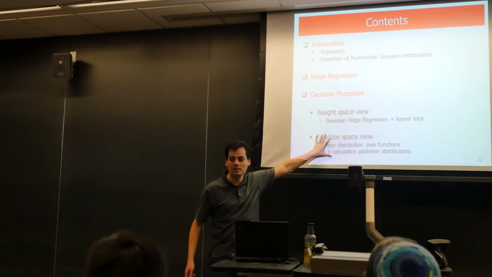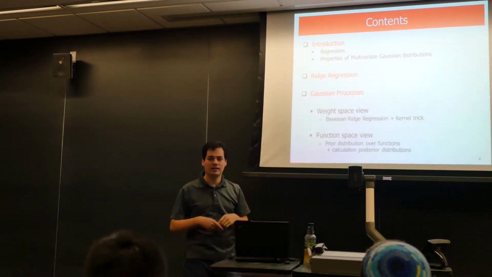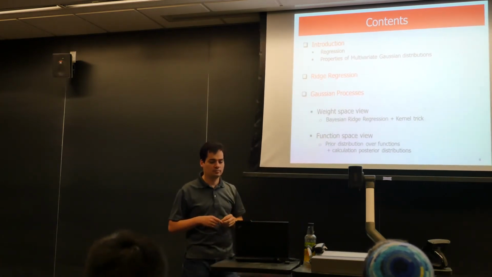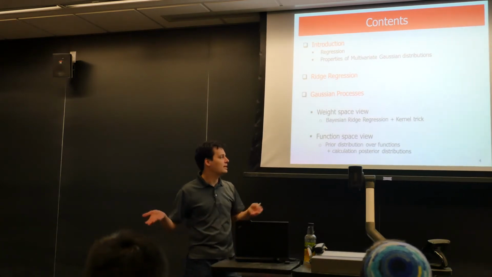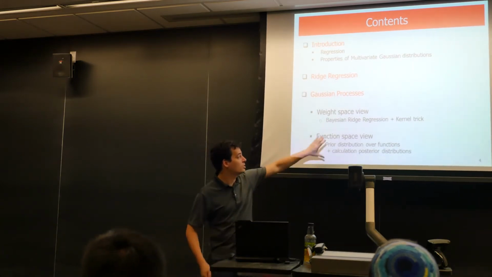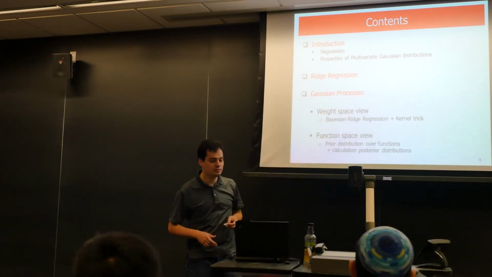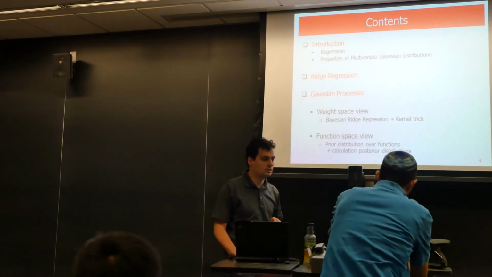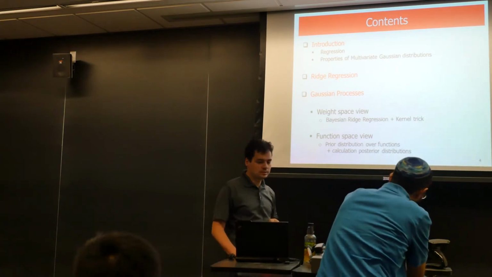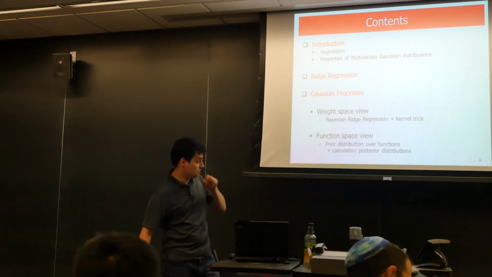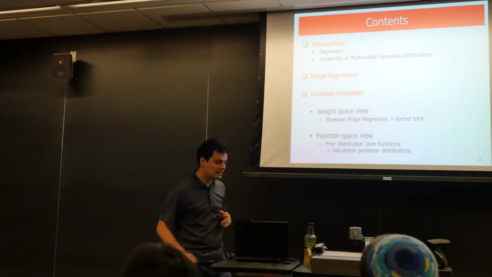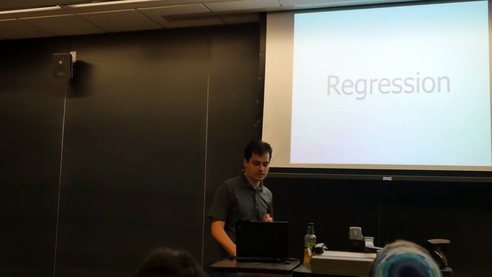We are not going to discuss this, but the slides are there, and if you look at the slides and you have questions, then we can chat more about that. So today we are going to discuss Bayesian ridge regression with kernel trick, and then this will lead to Gaussian processes.